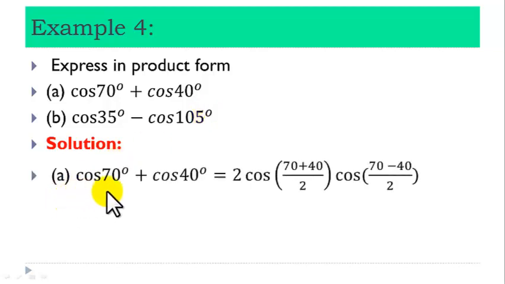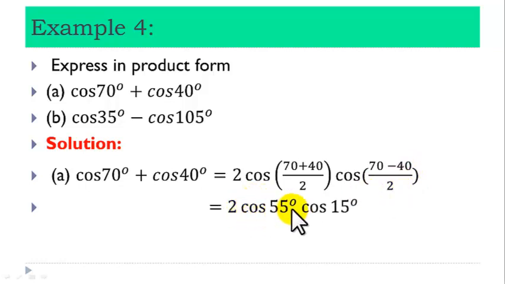A, for the sum of two cosines, cos 70 degrees plus cos 40 degrees is equal to 2 cos of (70 plus 40) over 2 times cos of (70 minus 40) over 2. And this is equal to 2 cos 55 degrees cos 15 degrees.